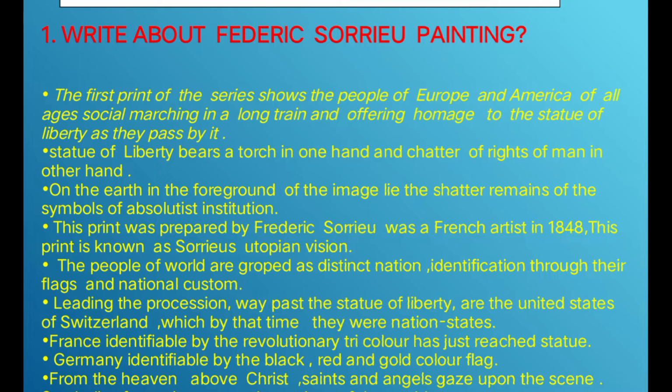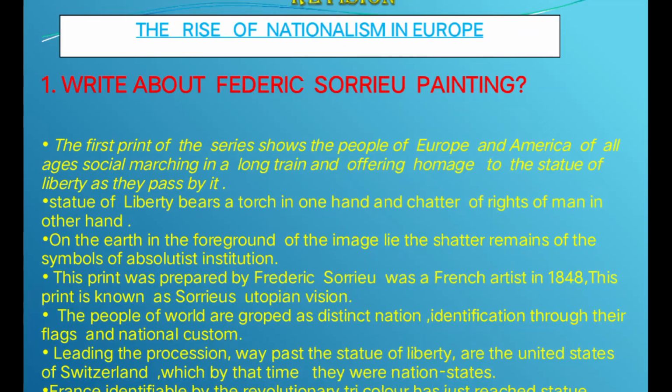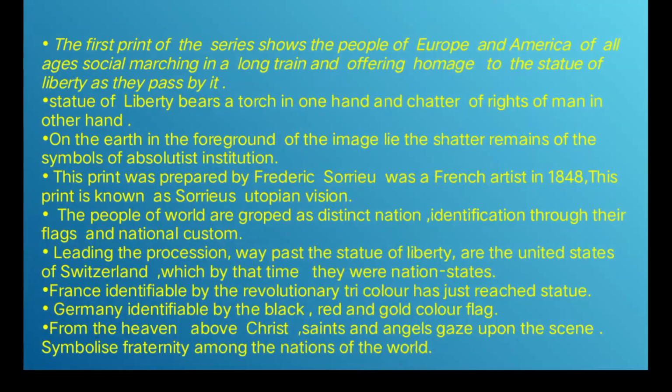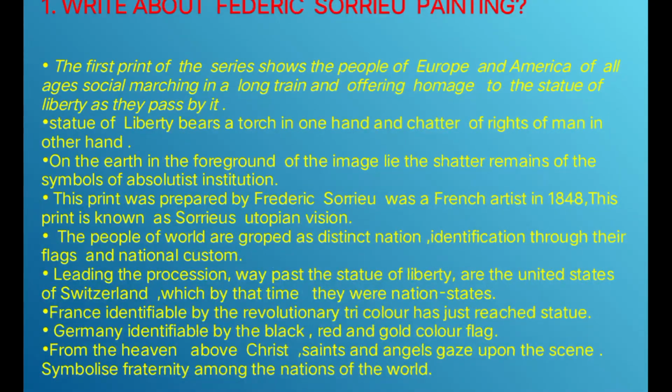This Statue of Liberty bears a torch in one hand and the Charter or the Book of Rights in another hand. This means the people will not be now subjugated or dominated by the kings, but they will be having rights. That torch is beckoning or calling these people to move from ignorance towards light.